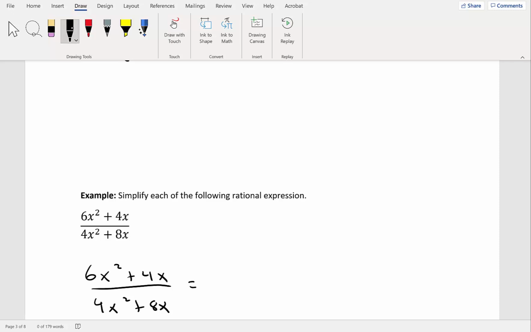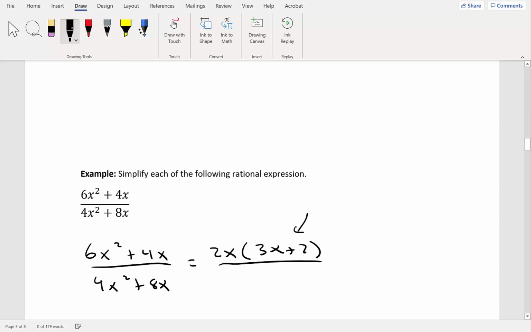Remember, always look for a GCF. In this case, I have a GCF of 2x. If I factor that out, I'm left with 3x plus 2. Now this 3x plus 2, I can't factor any further, so it just stays as 3x plus 2. Now the denominator, I can factor out a 4x, and then I'm left with x plus 2.